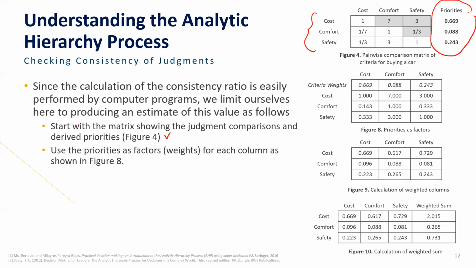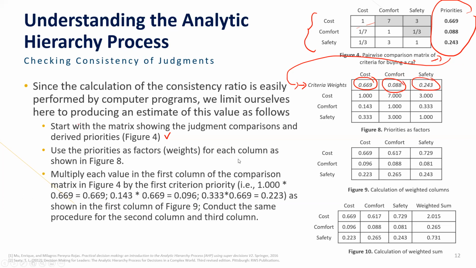First, this priority, you make it into one row here. This value, put it here accordingly. For example, cost, you have 0.669, comfort 0.088, and then safety is 0.243. And then you need to multiply each value here with the criteria weights.